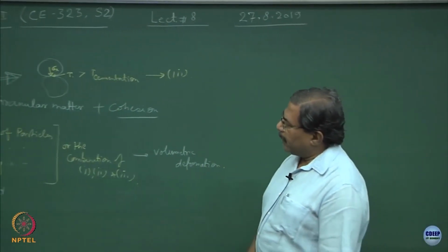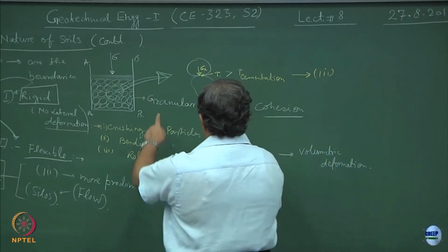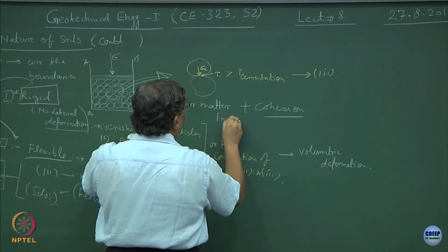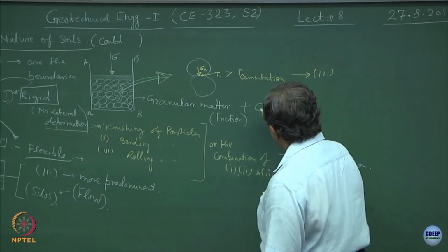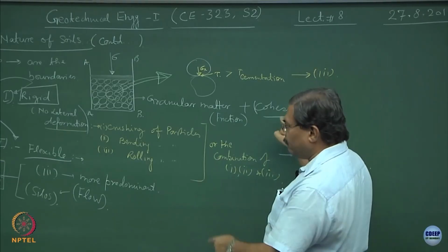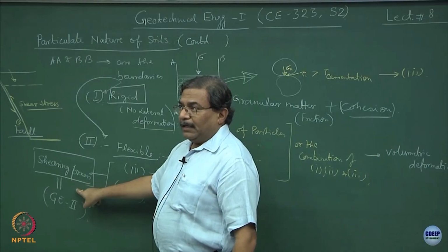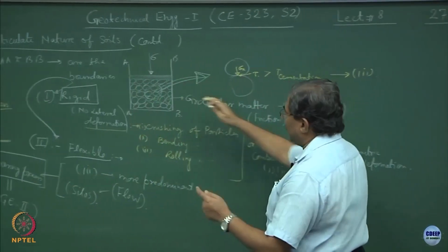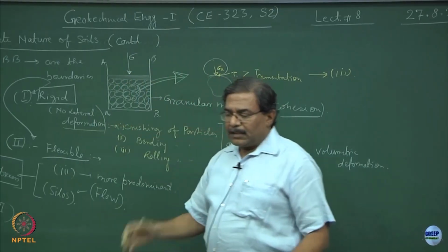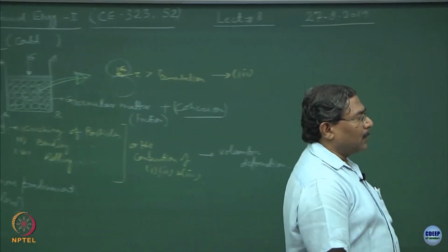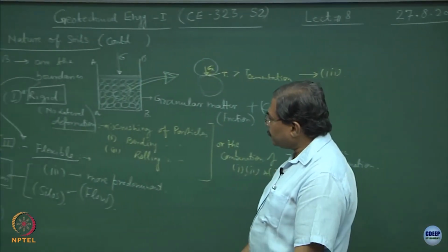So, the first question is, how would you differentiate between granular material which is giving you the friction component of the strength and the cohesion component of the strength. This again we will be discussing in the second course, alright. This is beyond, because first we have to understand the material itself. So, in this course, geotechnical engineering 1, our understanding, or maybe the more emphasis, is to understand the material rather than going into the shear strength characteristics.